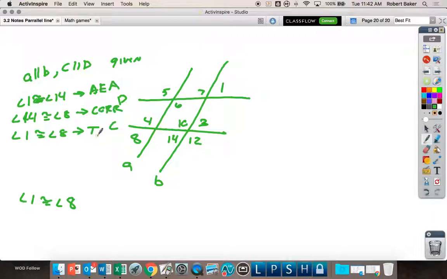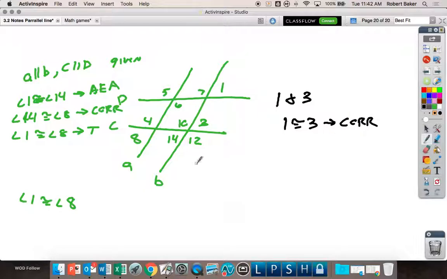Okay, is that the only way to prove this? No, you could have said 1 and 3, or 1 is congruent to 3. Why? Corresponding.